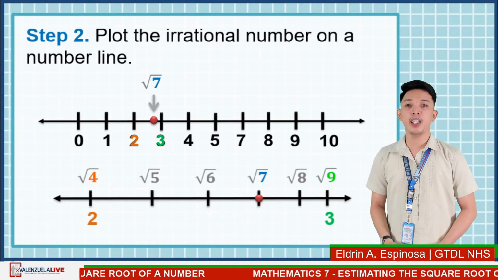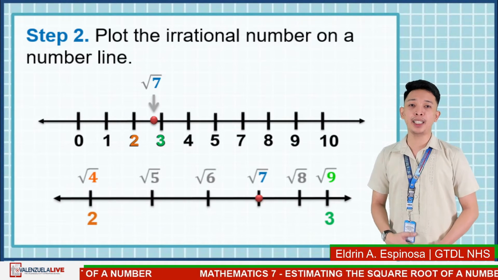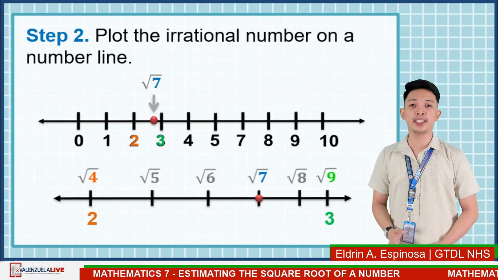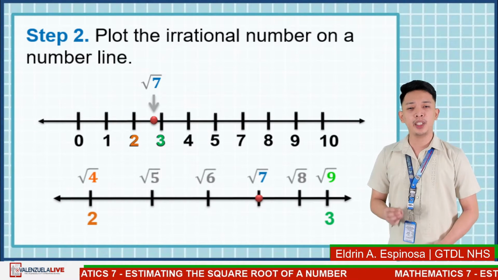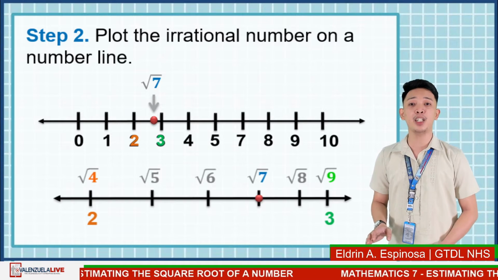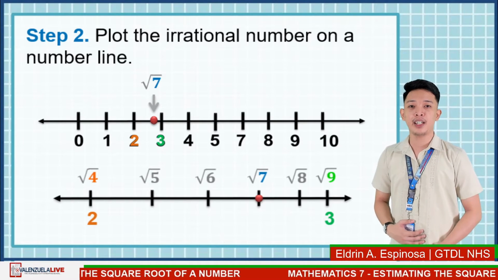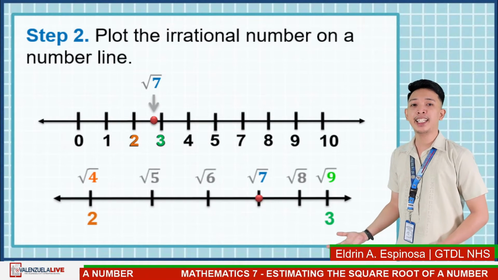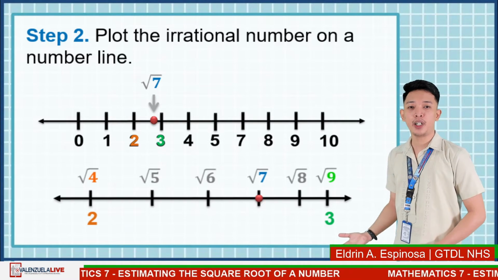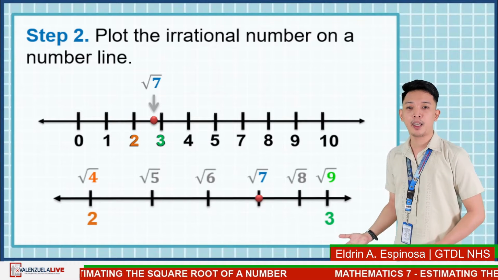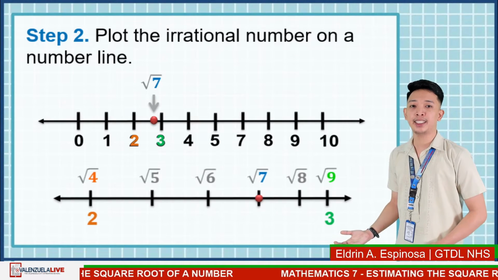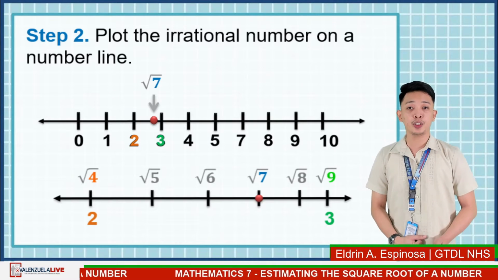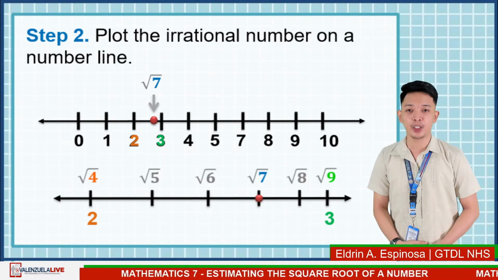Take note that irrational numbers behave differently, in such a way that the distance between consecutive irrational numbers with integer radicands is not the same as with other consecutive irrational numbers. For example, the distance between square root of 4 and square root of 5 is not the same as the distance between square root of 5 and square root of 6. So with square root of 6 and square root of 7.